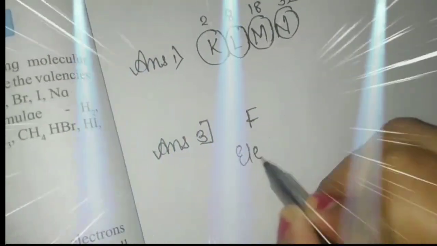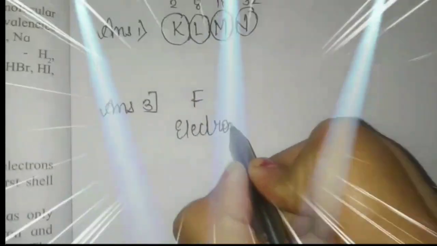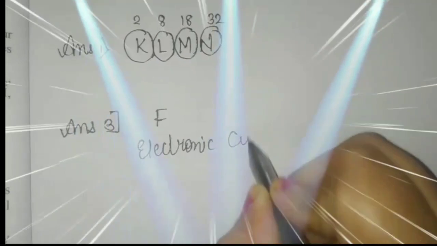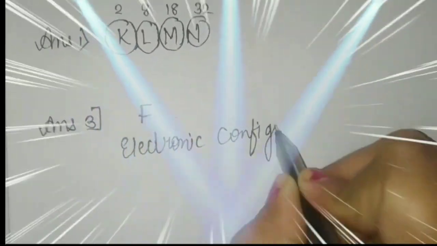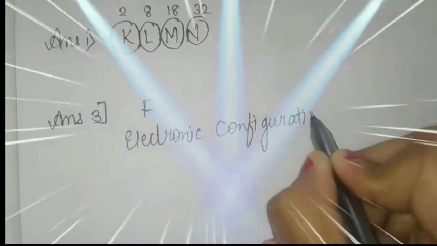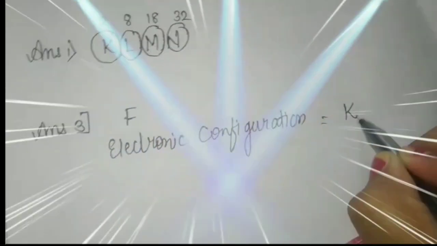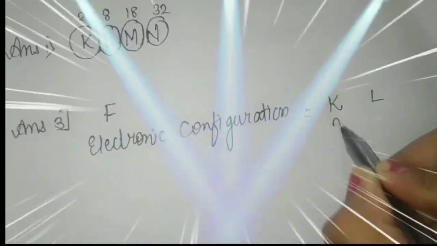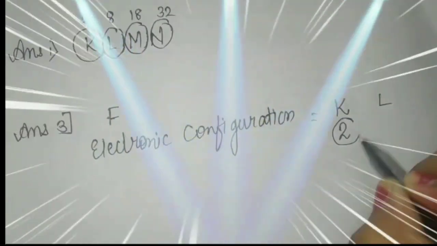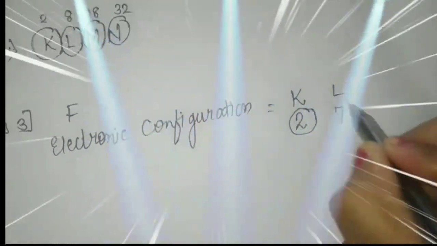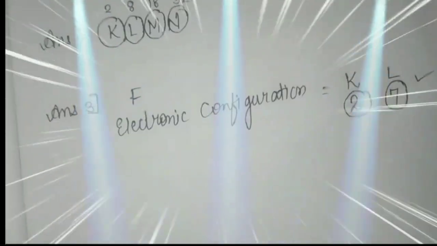So electronic configuration is equal to K and L. In K there are 2 electrons, whereas in L there are 7 electrons. Okay. See the next question, question number 4.